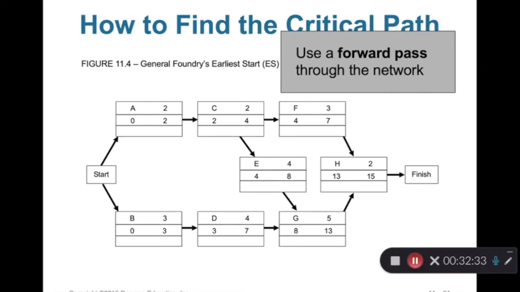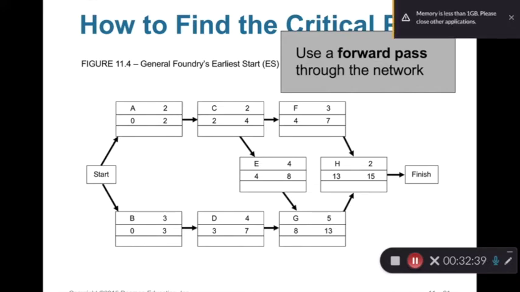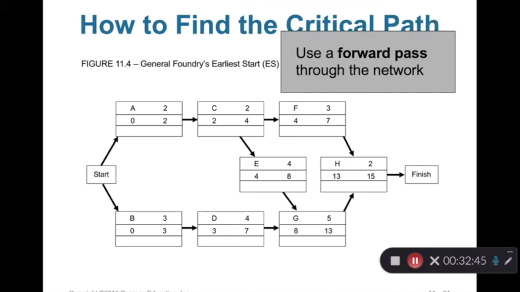We just used the forward pass process to figure out the completion time of the entire project and ES, EF for each activity. But we should keep going with the backward pass, or backward process, to figure out LS and LF for each activity. And then we can calculate the slack time for each activity. Then we can know which activity is critical. Right, so let's keep going.